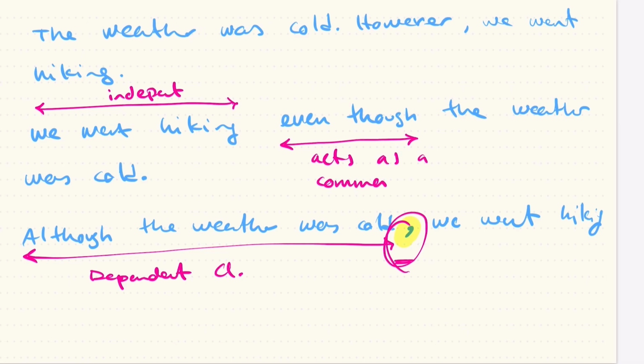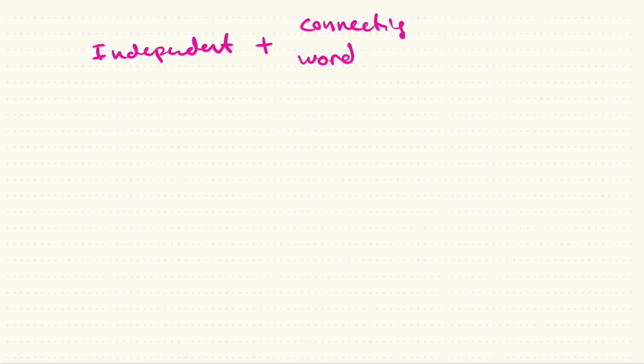So if I want to put it as a formula, you can say independent plus your conjunction or the connecting words. These are words such as and, but, because, these kinds of words, plus your dependent clause.